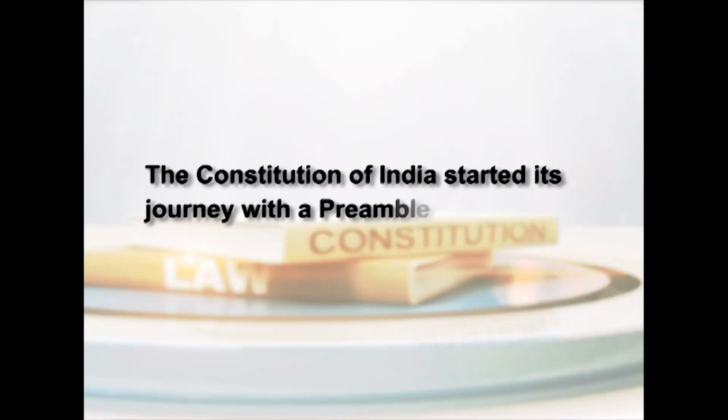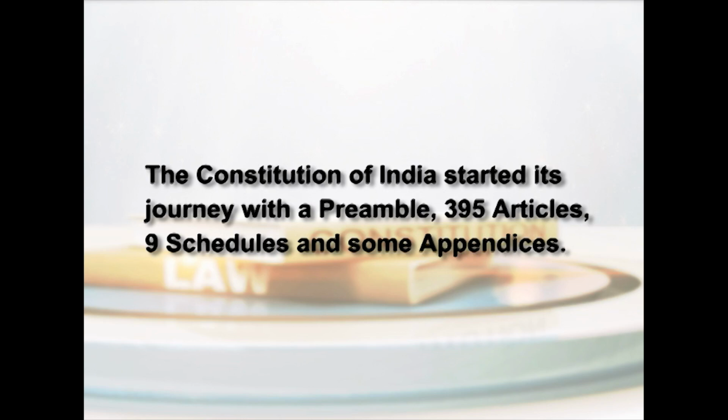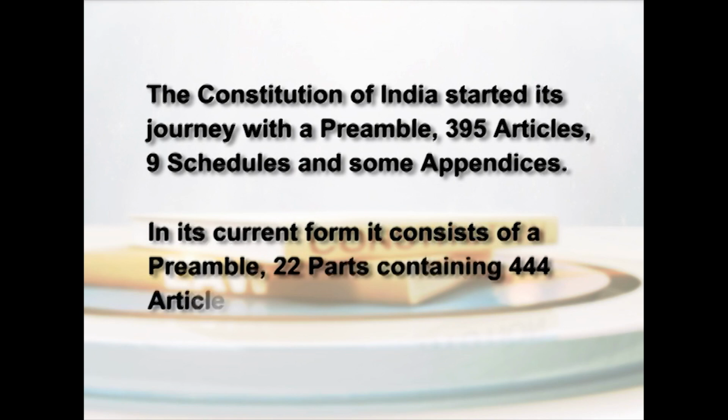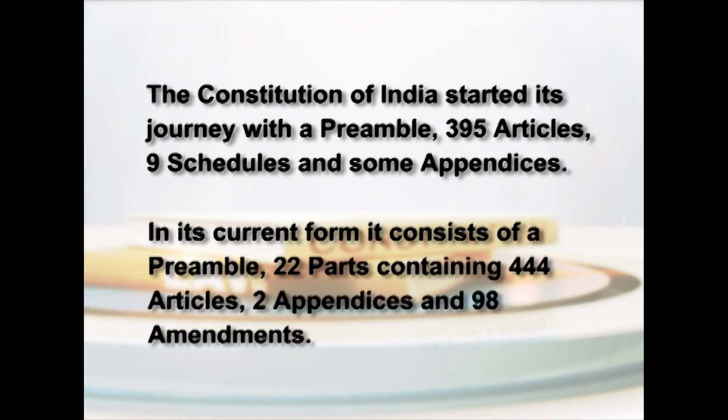The Constitution of India started its journey with a preamble, 395 articles, 9 schedules, and some appendices. In its current form, it consists of a preamble, 22 parts containing 444 articles and 2 appendices and 98 amendments to date.